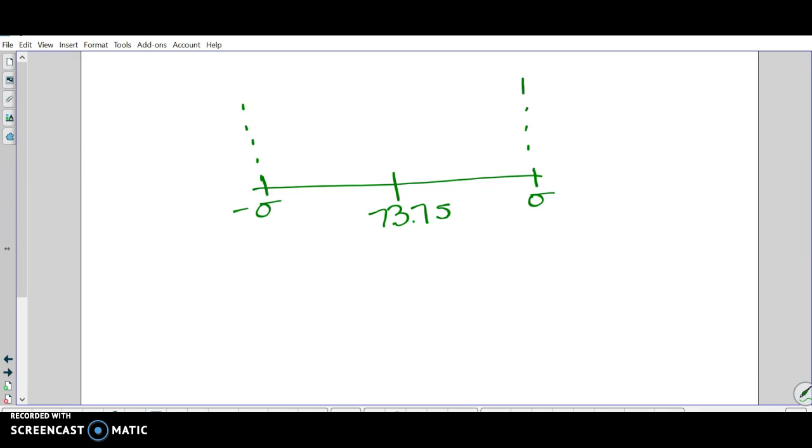So 73.75 plus 20.48 would give me 94.23. Remember, standard deviation tells me how spread out I am from the mean. And below I would get 53.27. So that's how spread out our data is.